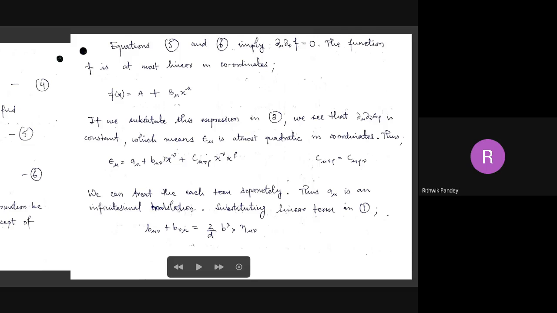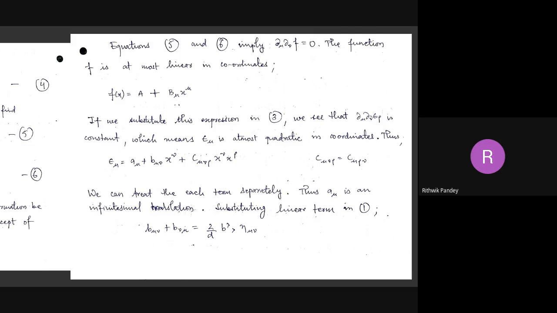And now to look at the linear term, we substitute the linear term in the original equation, which gave us the change in the metric, and we get b mu nu plus b nu mu is equal to 2 by d b lambda lambda eta mu nu. So what this equation says is that we can decompose b mu nu into a symmetric and antisymmetric part.